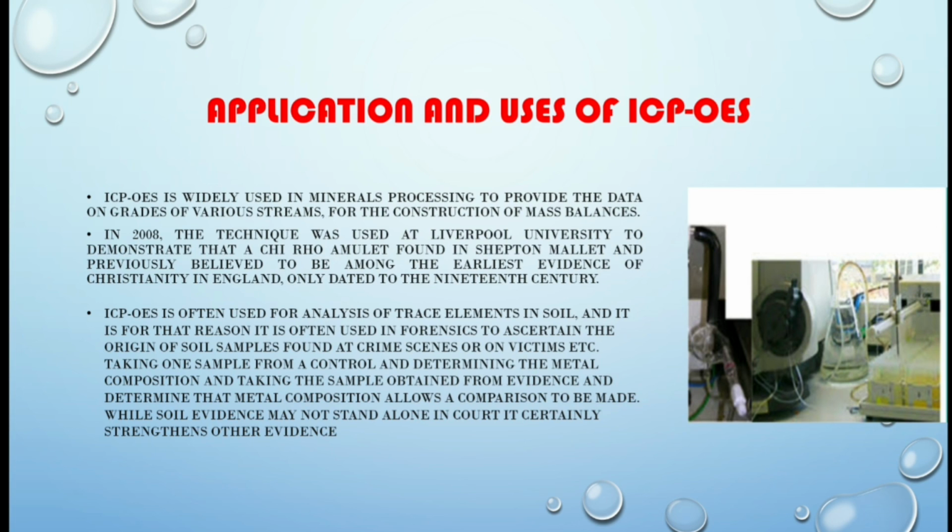ICPOES is often used for analysis of trace elements in soil also, and for that reason it is often used in forensics to ascertain the origin of soil samples found at crime scenes or on victims, etc. Taking one sample from a control and determining the metal composition, and taking the sample obtained from the evidence and determining its metal composition, allows a comparison to be made. While soil evidence may not stand alone in court, it certainly strengthens other evidence.